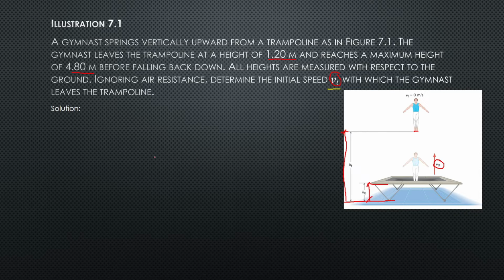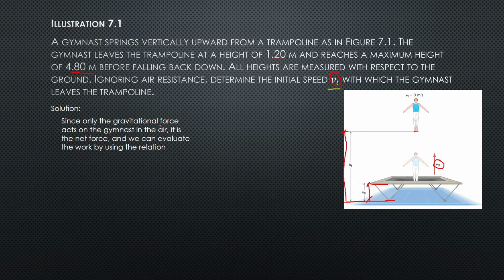So solution, since only gravitational force acts on the gymnast in the air, it is the net force, and we can evaluate the work by using the relation. Work done with respect to gravity will be equal to the formula mg h. h is the difference between the initial and the final height.